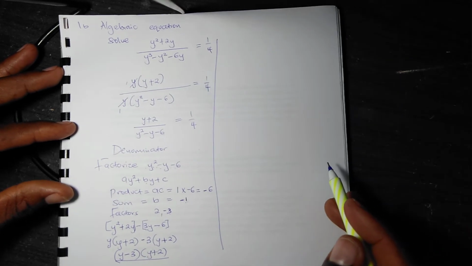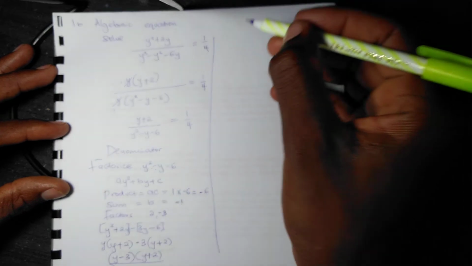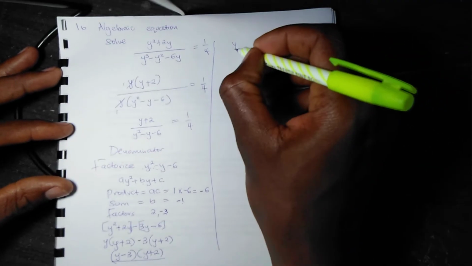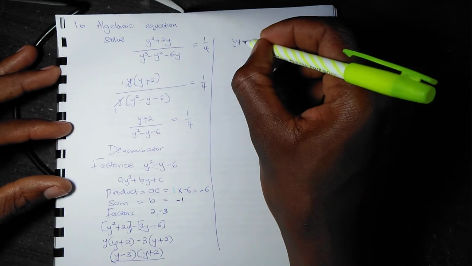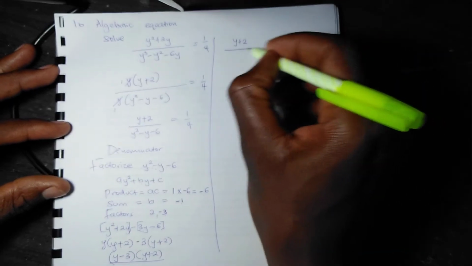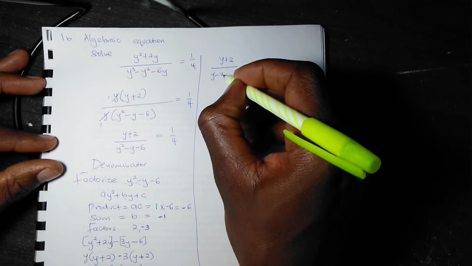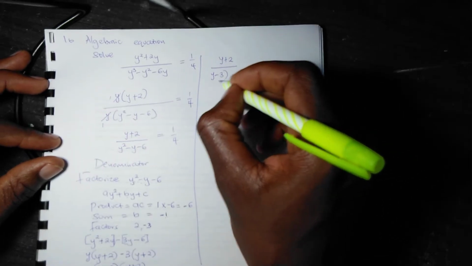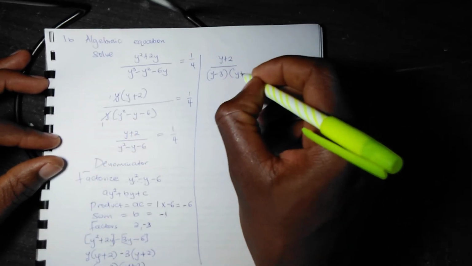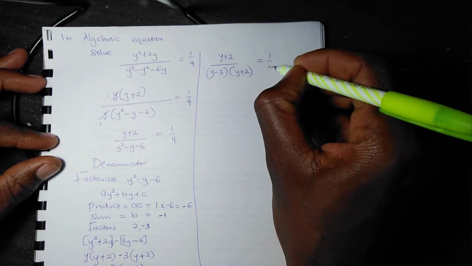For this case, we can now go back to our equation as y plus 2 over (y minus 3)(y plus 2), and then put in the equal sign a quarter.